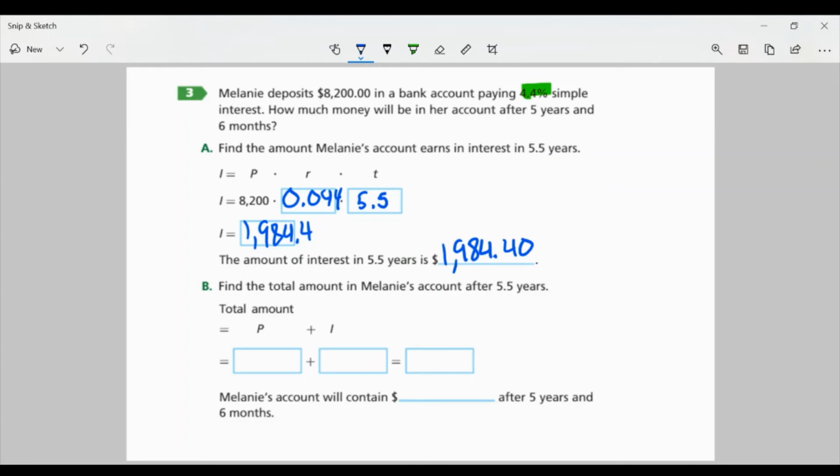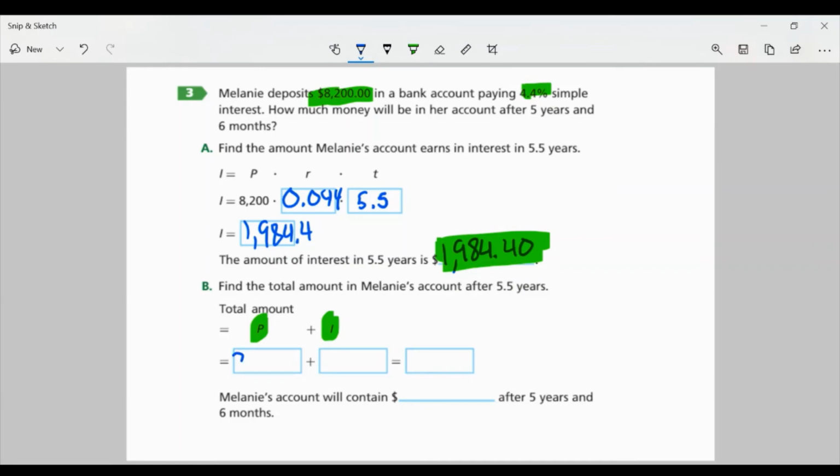Part B, find the total amount in Melanie's account after 5.5 years. So here we're just going to add the simple interest with our principal amount, right? This would be our simple interest, and this is our principal amount.